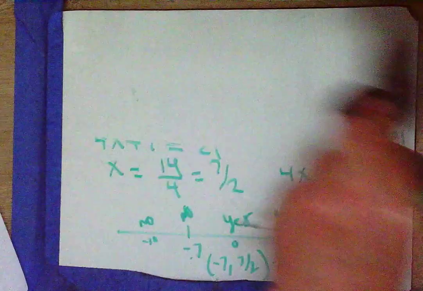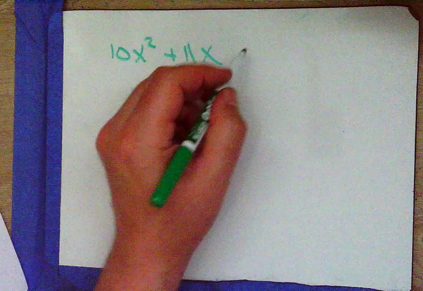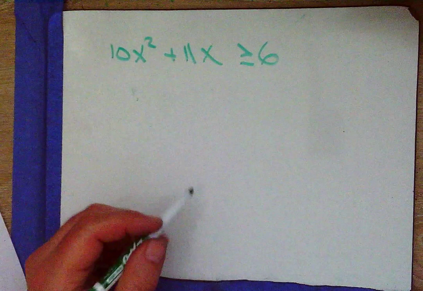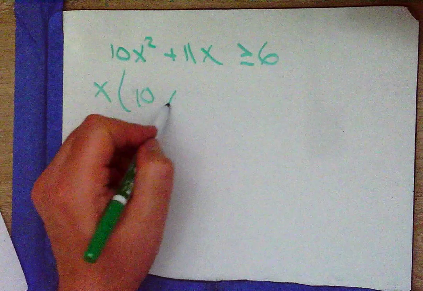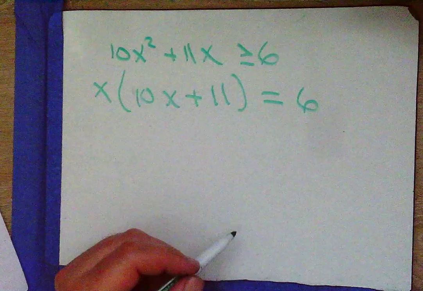Okay, last problem on station 8 says 10x squared plus 11x is greater than or equal to 6. And oh my God, don't be this student who does this. Please, please, please don't be this student.